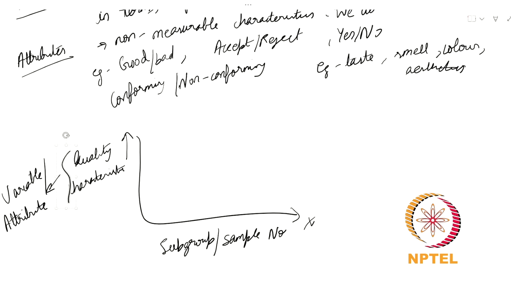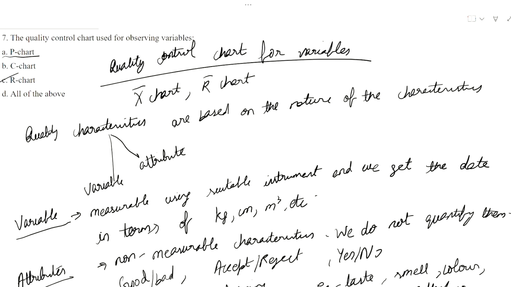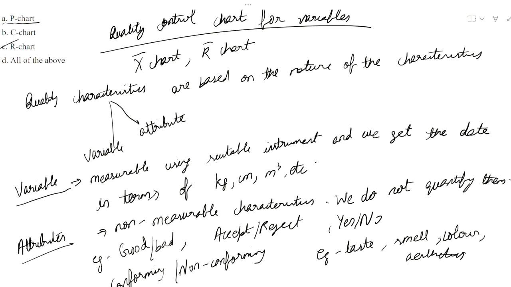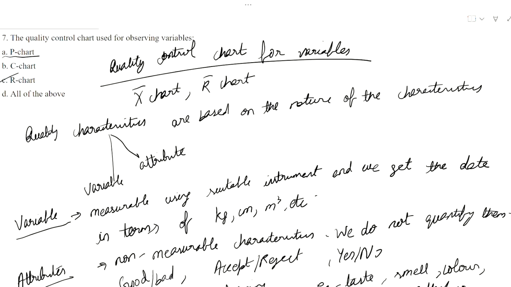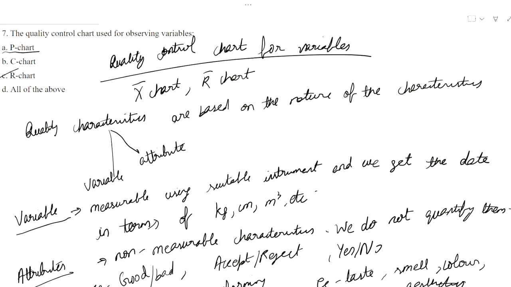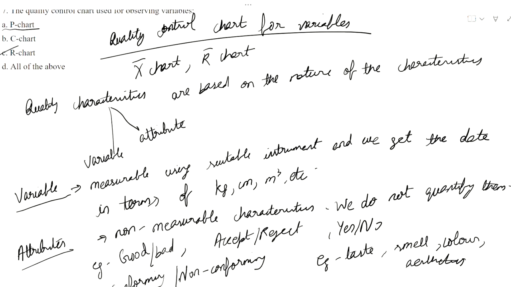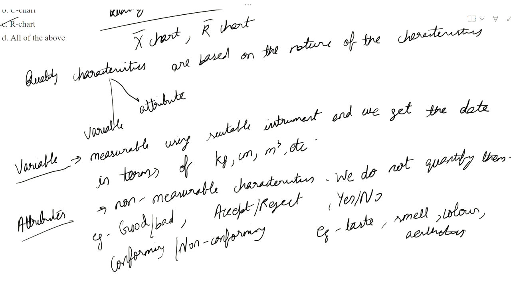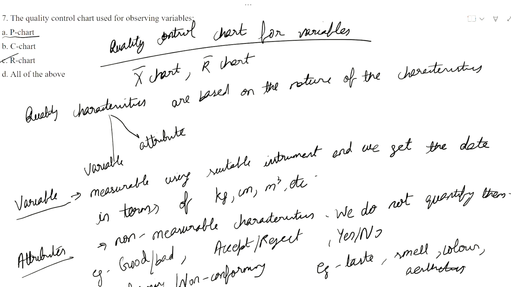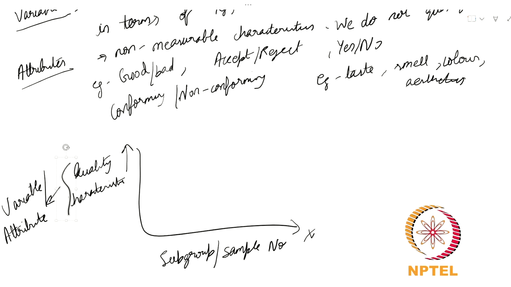This is the control chart for variables: the X bar chart and R bar chart. This is based on the nature of the characteristic. For variables we quantify them, but for attributes we do not quantify them.